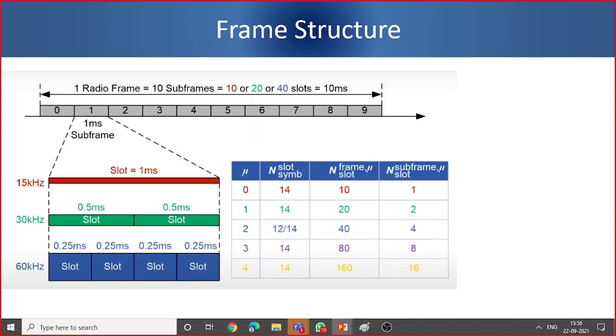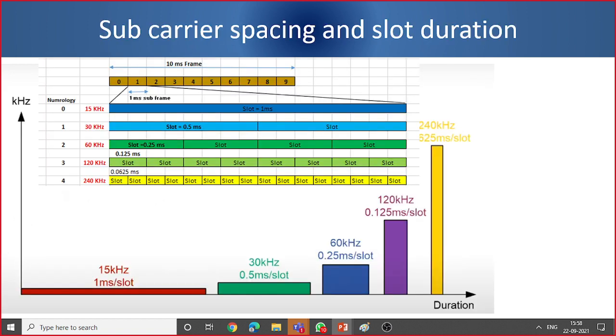Okay, so visually we also explained how slot size is decreasing. One thing which I would like to explain again: if you look at 15 kilohertz subcarrier spacing, you had a 1 millisecond slot, but your frequency was 15 kilohertz only, so your bandwidth was less. If you calculate the bandwidth of an RB, it will be 180 kilohertz.